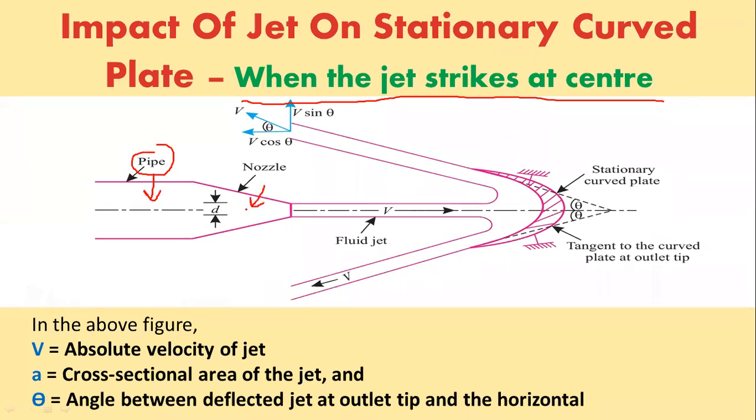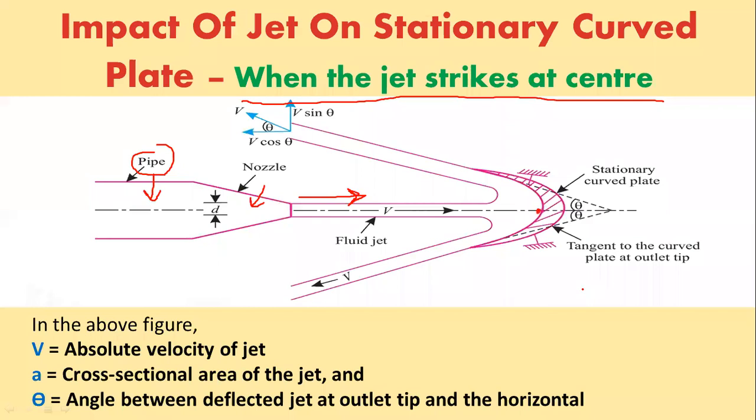This is the nozzle attached at the end of the pipe so that water can fall out of the nozzle with a very high velocity. And this is the jet of water which has fallen out of the nozzle, and it is striking this plate which is curved and stationary. The jet is striking this curved plate at the center.